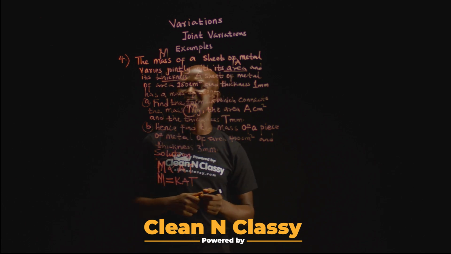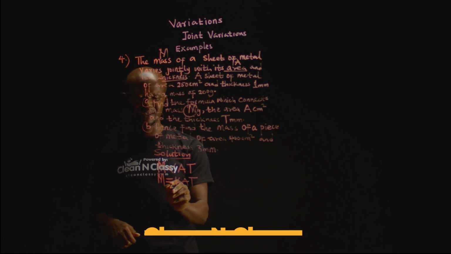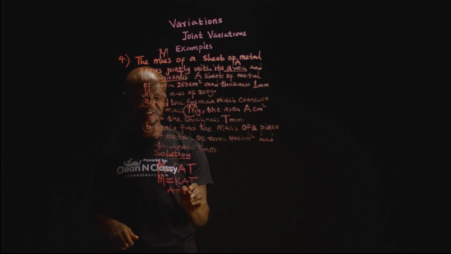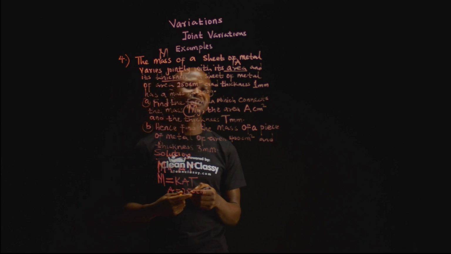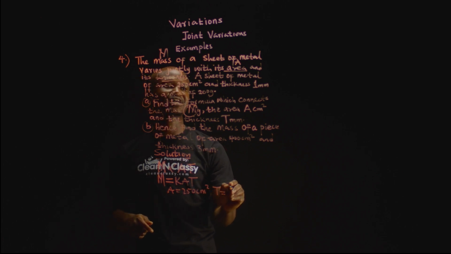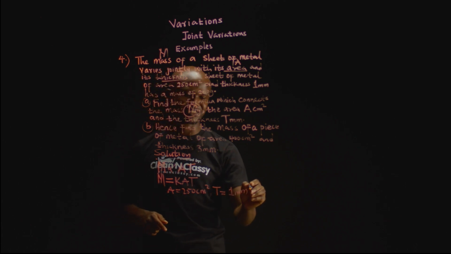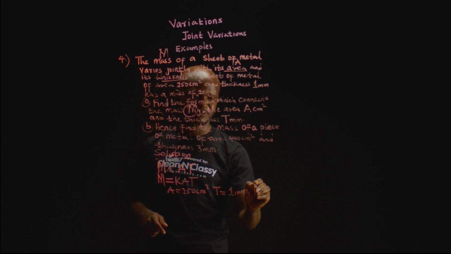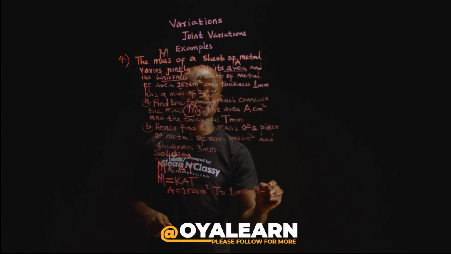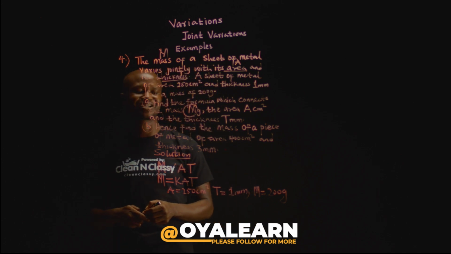Now, the next thing for us to do is to move to the second statement. A sheet of metal of area 250 centimeters square and thickness T, that's 1 millimeter, has a mass M equal to 200 grams.